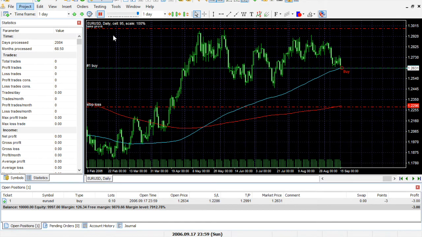So for example, if from here to here is 100 pips, and your maximum risk was $100, then you would be safe in knowing that you put $1 a pip on this trade. So you would risk $100 and make $100. I wouldn't advise doing anything more than 2% of your account.